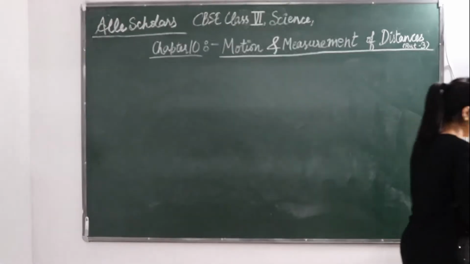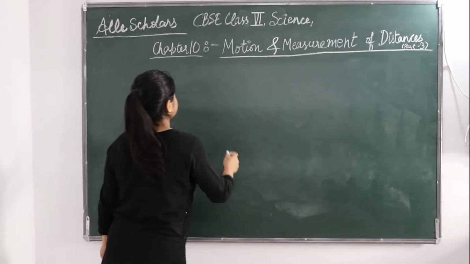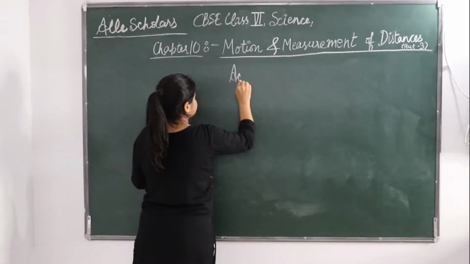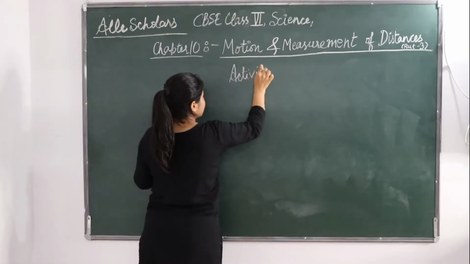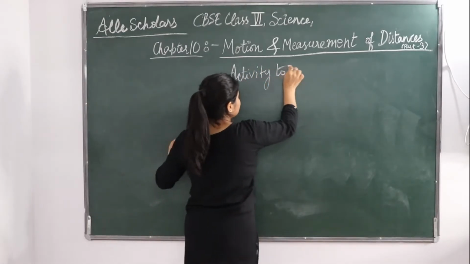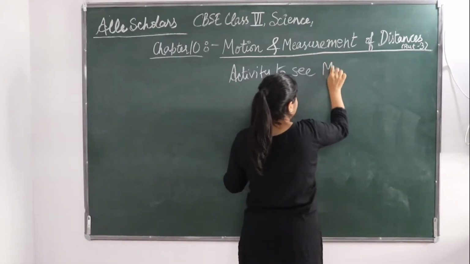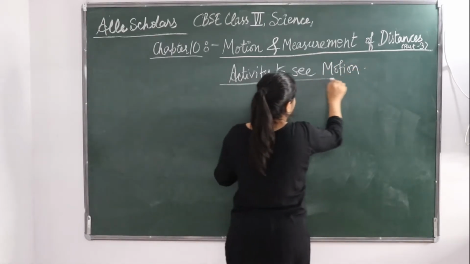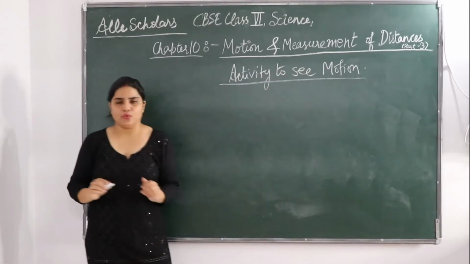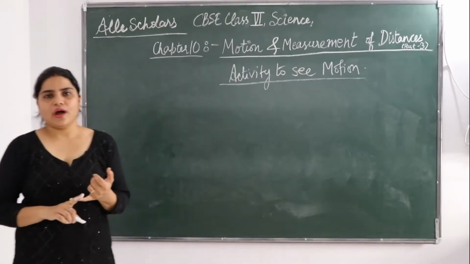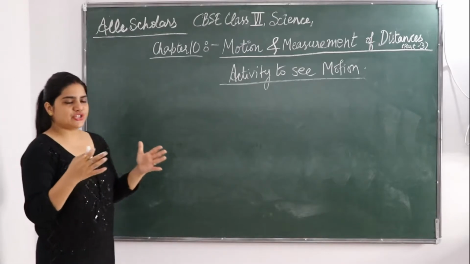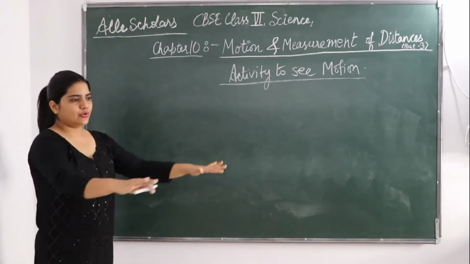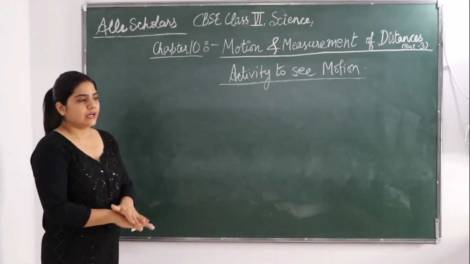So now we will perform an activity. Activity to see motion. We will do an activity which will show you how motion is carried out. Okay. For this, what you have to do, you have to take a sheet of white paper and you have to spread it on the ground.